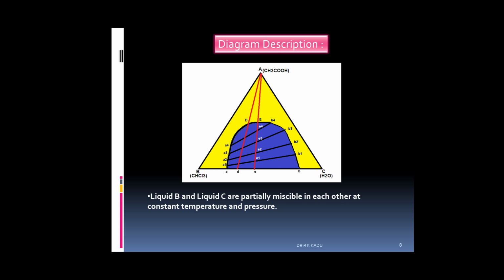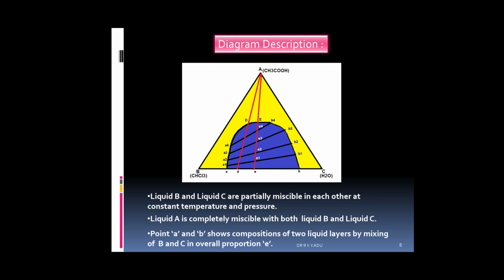That means the liquid chloroform and the liquid water are partially miscible in each other. The liquid A is completely miscible with both liquid B and liquid C. Means acetic acid is completely miscible with chloroform and water.